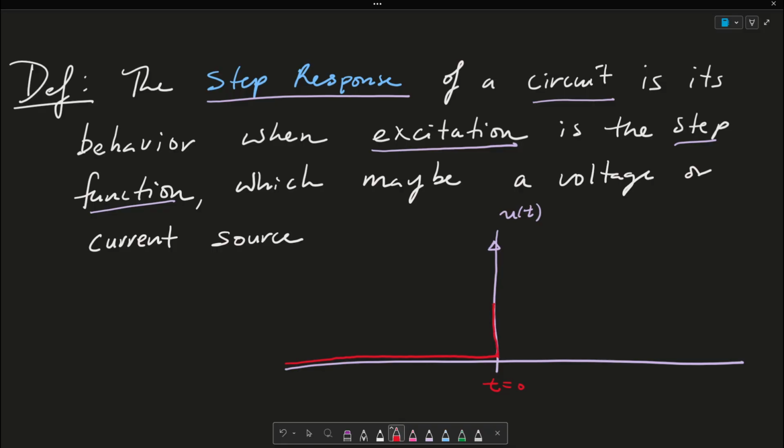It's called the unit step function because it saturates at 1 all the way until t goes to infinity. The x-axis here is my time. The goal of this video is to find the step response of the RL circuit.